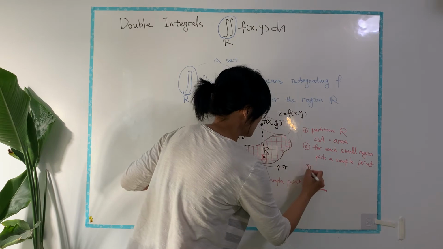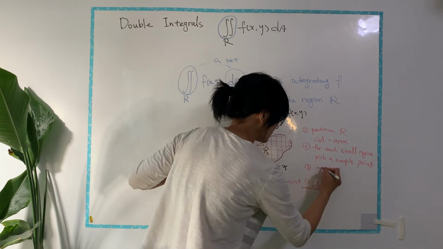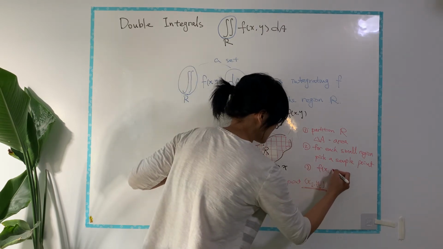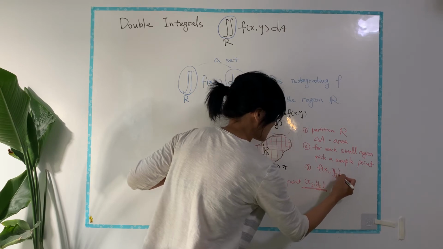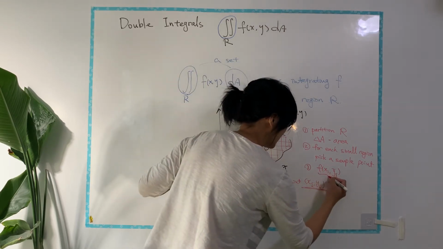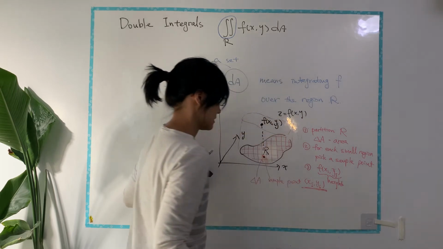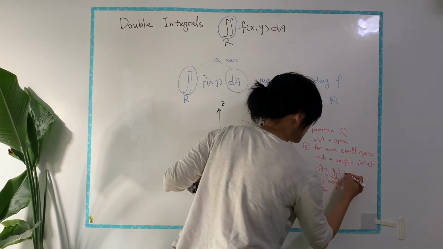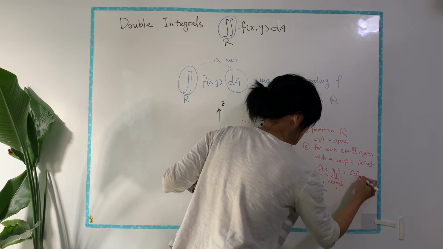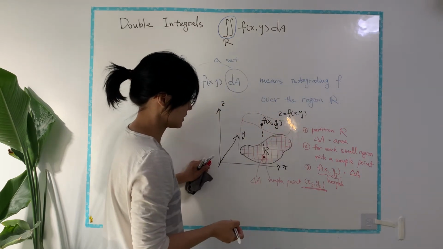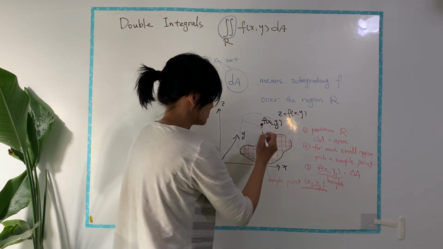When we use this value as a height, times the delta area, delta A, what do I get?